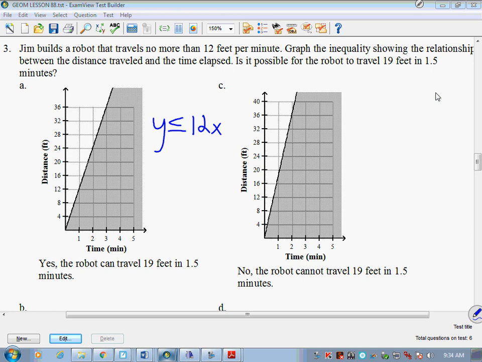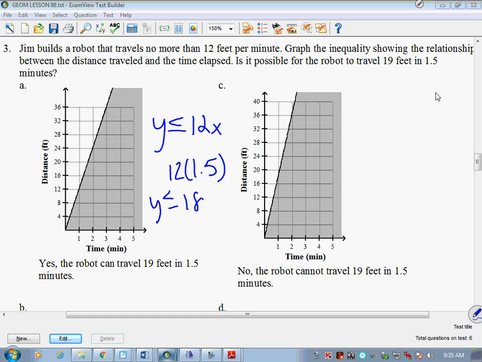What is it? 18. So when we take 12 times 1.5, we get 18. So we're saying y is less than or equal to 18. Is it possible for the robot to travel 19 feet in that amount of time? No. It can travel up to 18 feet or less, but it can't travel 19 feet.